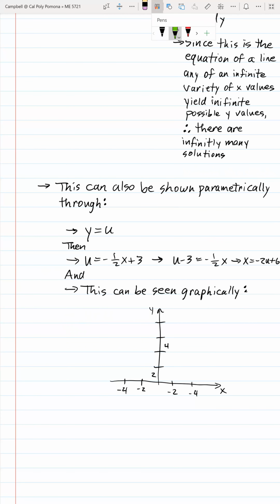And so going ahead, we can plug in y equals 1, which means U is equal to 1. Plugging U equals 1 into this expression right here, clearly we get -2 plus 6, which is 4. So when Y is equal to 1, we come over here to 1, come on up here. Oh, sorry.